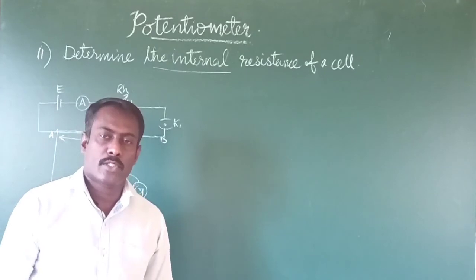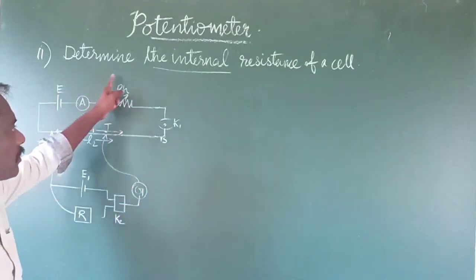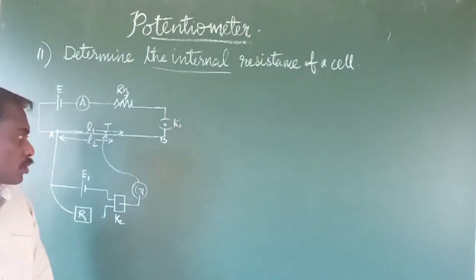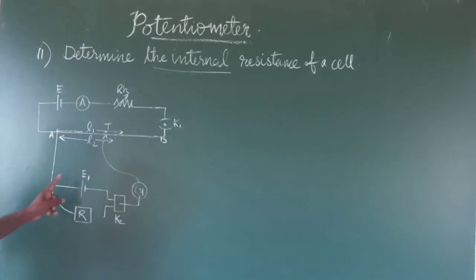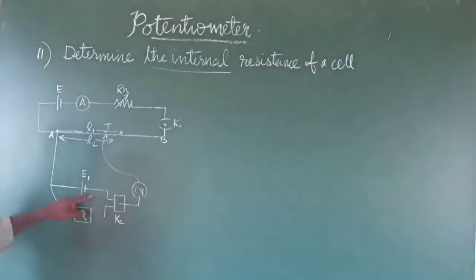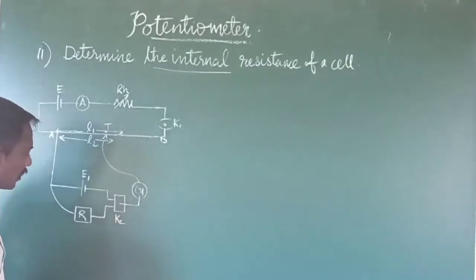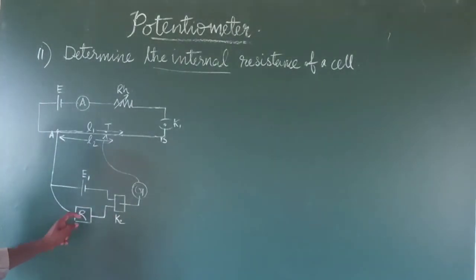Now the second application of a potentiometer is to determine the internal resistance of a cell. In that case, from the diagram you can see that only one difference is there. The cell whose internal resistance is to be calculated is connected to key 2, and instead of a second cell, a resistance of known value is connected here, and the rest of the circuit is the same.